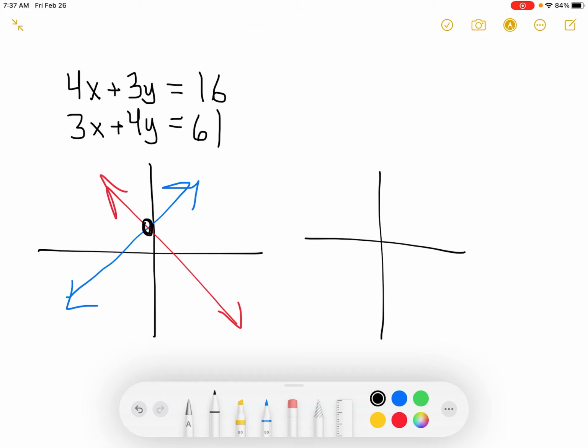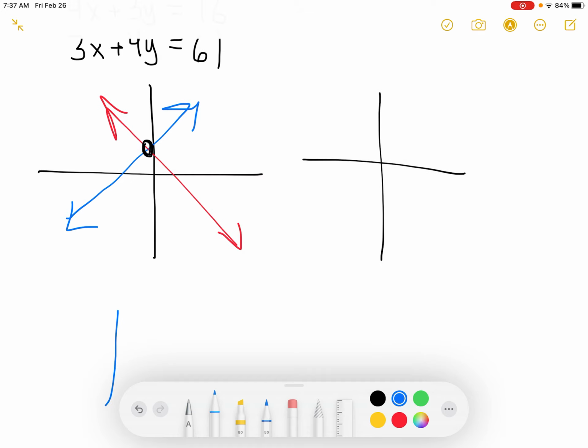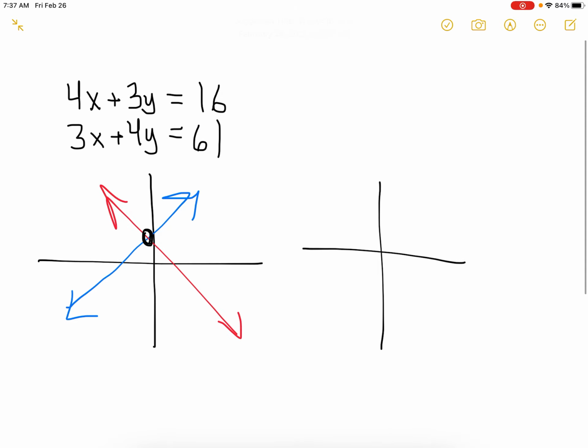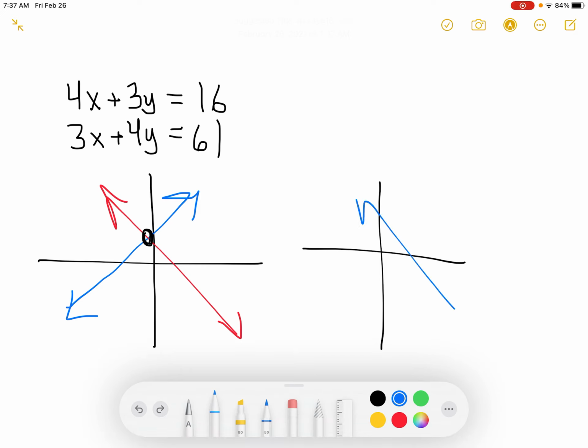But there are other situations also. If you have one line like this, and then you have another one in which the red line is parallel to the blue one, then that would make there be no solution.